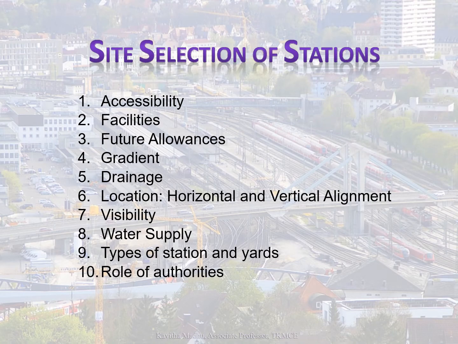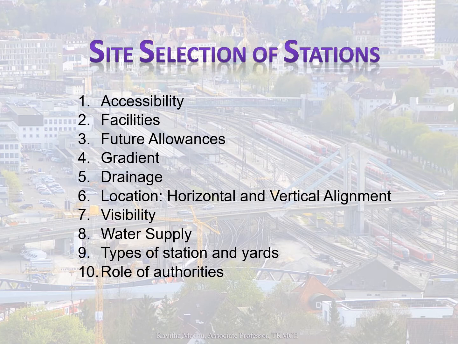Next, let us discuss the various factors to be considered for selecting a site for a railway station. First and foremost is its proximity to a town or nearby village. The station should be close to the town or villages as far as possible to facilitate the transport of passengers and goods.